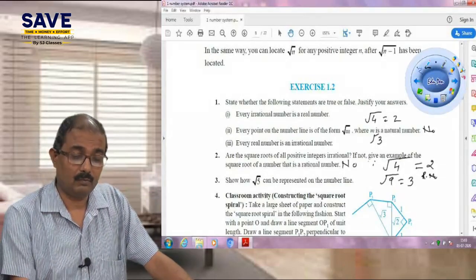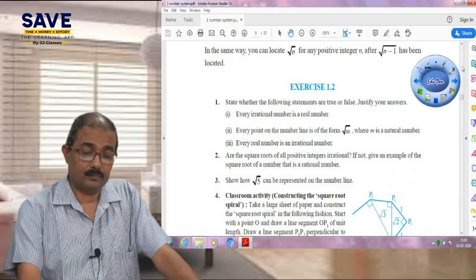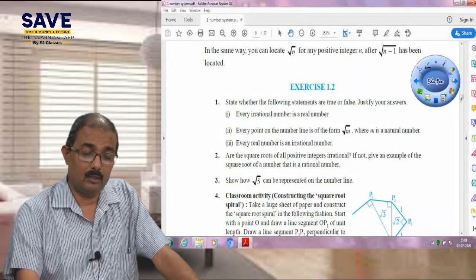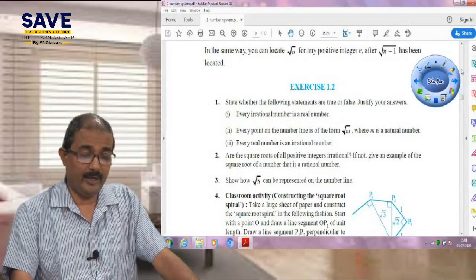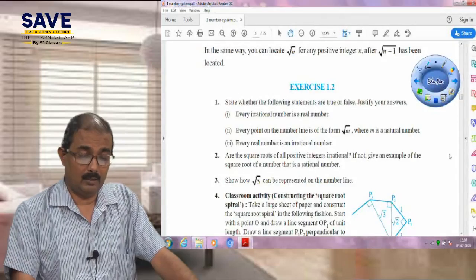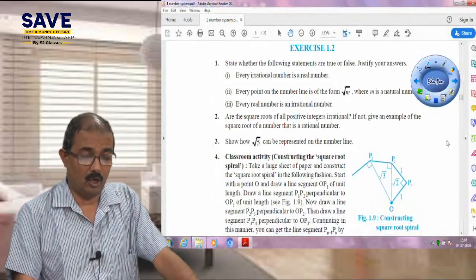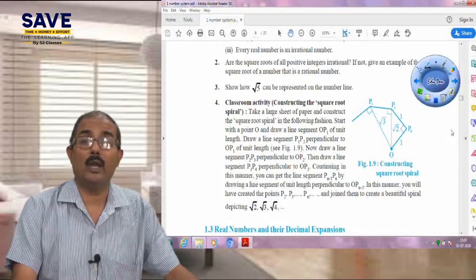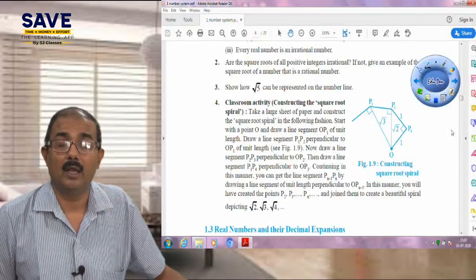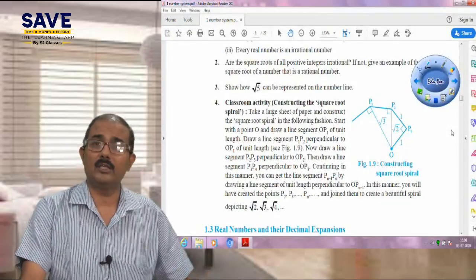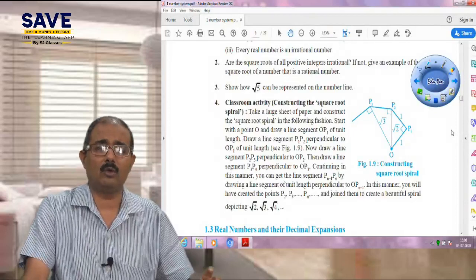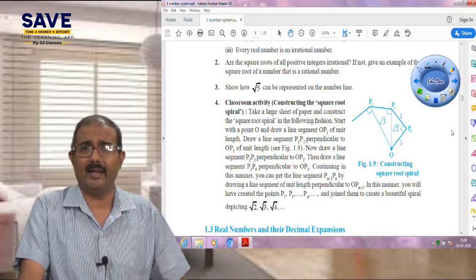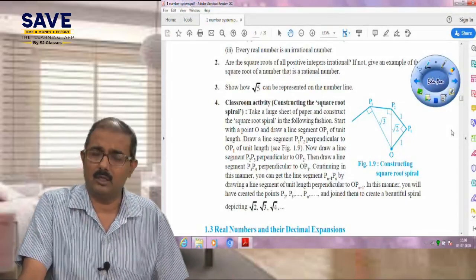So in questions number 3 and 4, these are constructions, where you have to mark square root 2, square root 3, square root 5 on a number line. This we will discuss at the end of this chapter, because some more questions to do the construction are there in the coming exercise. So we will do all the constructions at a time in the last lecture of this chapter.